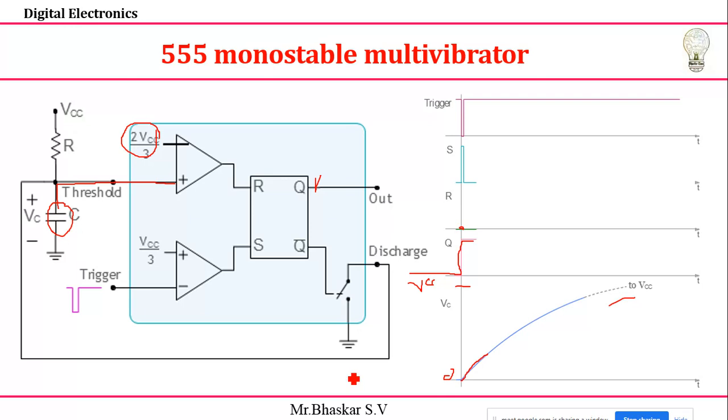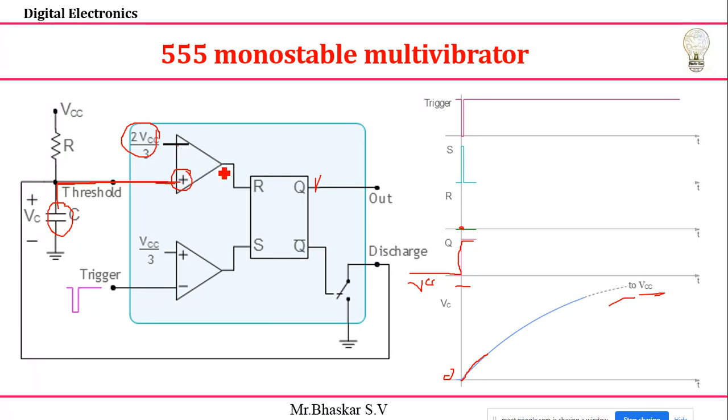So what happened here? The capacitor starts charging from 0 to the maximum value, VCC, but this is taken as the threshold voltage, which I'm going to connect to the non-inverting terminal of the op-amp. Initially the non-inverting potential is less, but as the capacitor charges, if the voltage across the capacitor goes just above 2/3 of VCC, then the non-inverting terminal potential is very high compared to the inverting terminal.